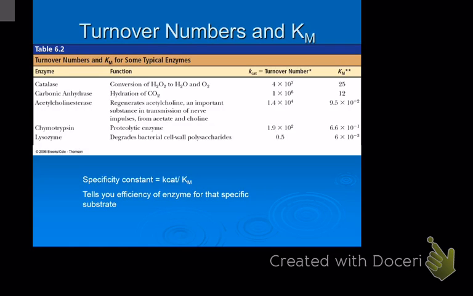Because a lot of times you have an enzyme that may have more than one substrate, but it has different kcat over Kms, so it'll be more efficient for one versus the other. This gives some examples. You always have to look to see the units. It doesn't say here what the units are, but this is from the old book.